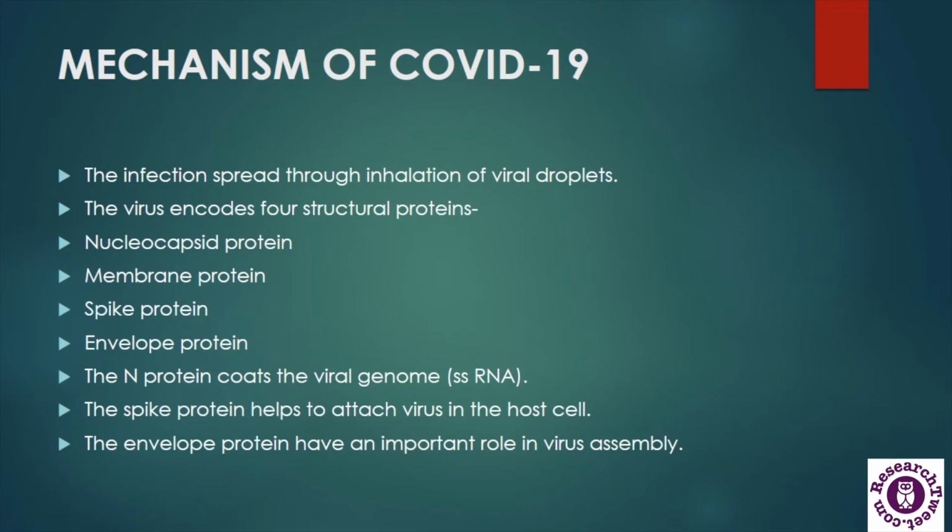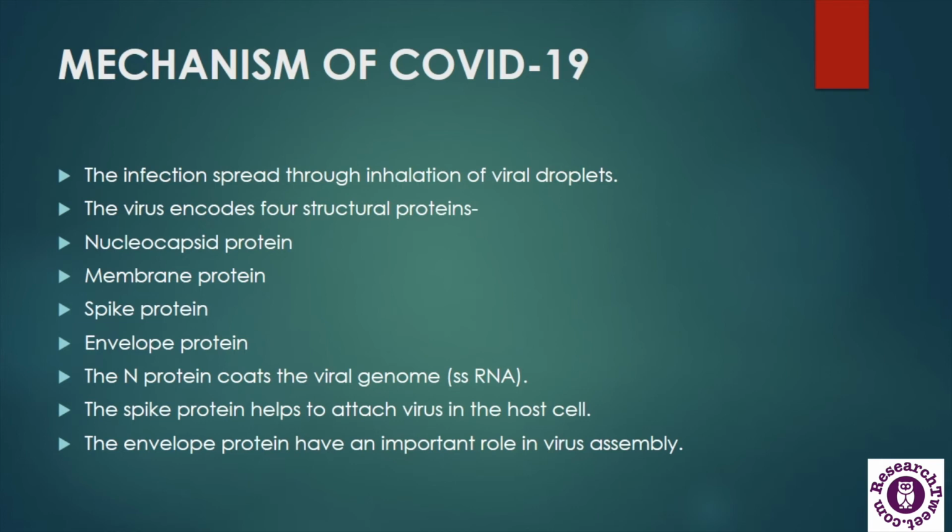So let's understand the mechanism of the virus and how it spreads in such a short time. Basically, the primary sources of infection are infected surfaces, touching these infected surfaces, and coughing and sneezing of an infected person, and the infection spreads through inhalation of these viral droplets.